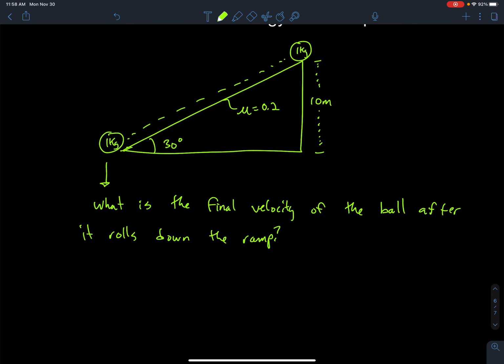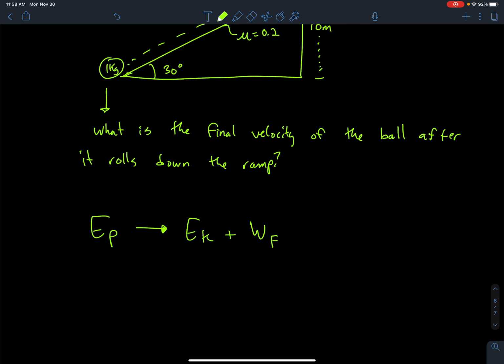So in this system, I have gravitational potential energy being converted into kinetic energy plus work done against friction. The work I do against friction is going to decrease the actual velocity of this object because some of that energy is going to be used up. So how would I calculate the velocity in the end? That's what I'm trying to find. Velocity is only in my kinetic energy term, so I have to rearrange this equation.